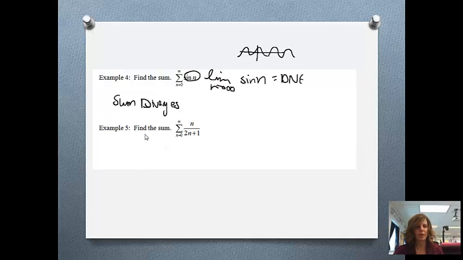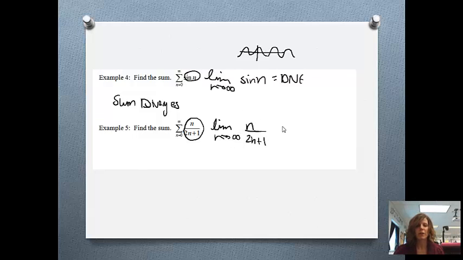All right, another example, it says to find the sum going from 0 to infinity of n over 2n plus 1. If the sum converges, that would mean the limit of the actual sequence would equal 0. So we're going to find the limit as n approaches infinity of n over 2n plus 1. We're pretty much using our tools from 11.1 and L'Hopital's rule.